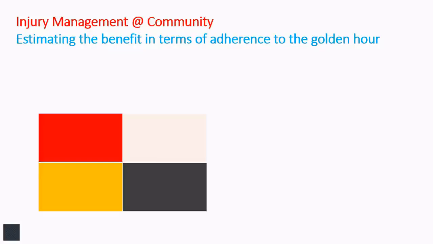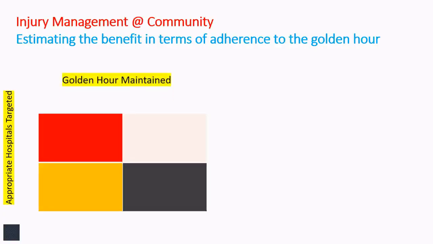So when it comes to injury management, we need to carefully consider two major components. Number one is the selection of an appropriate hospital where those patients can be taken care of. And second is maintaining the golden hour for those victims.